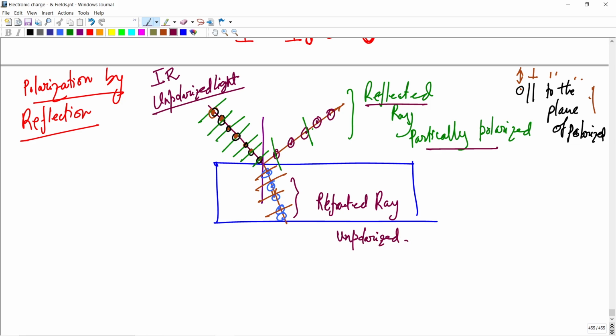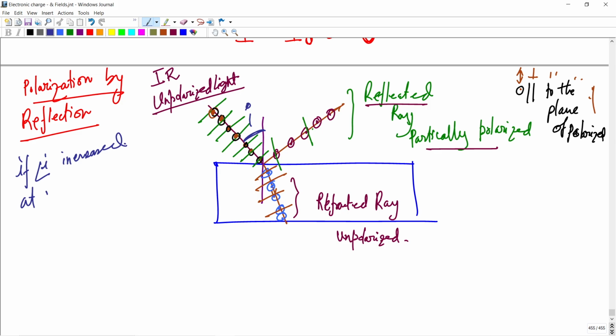The concept is about the incident angle i. If I increase the incident angle, the reflected ray becomes more polarized.